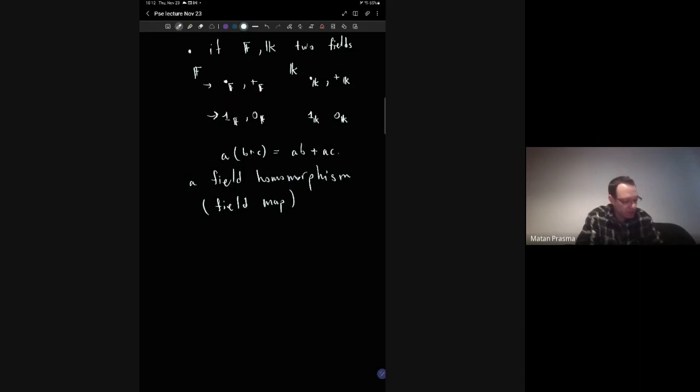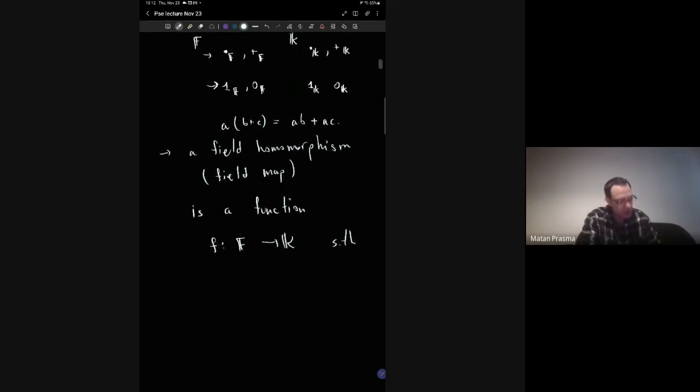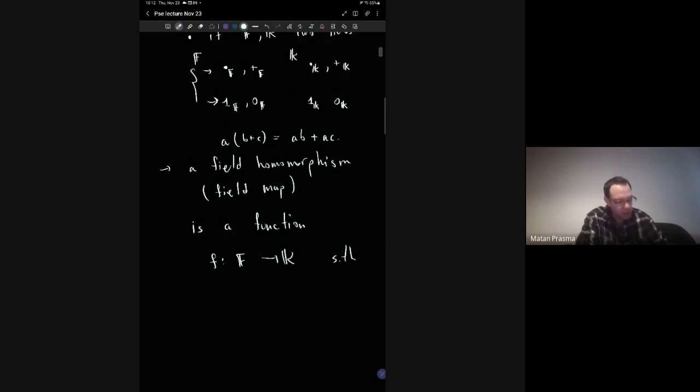So a field homomorphism is a function, let's say f from big F to big K, such that I need it, again, to be compatible with the structure. It means that first I map 0 to 0. Then I need to map 1 to 1.